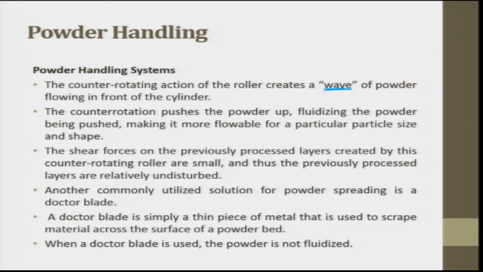The counter rotating roller pushes the powder up, fluidizing the powder by pushing, making it more flowable for a particular particle size and shape. The shear forces on the previously processed layer created by this counter rotating roller are small, and thus the previously processed layers are relatively undisturbed.